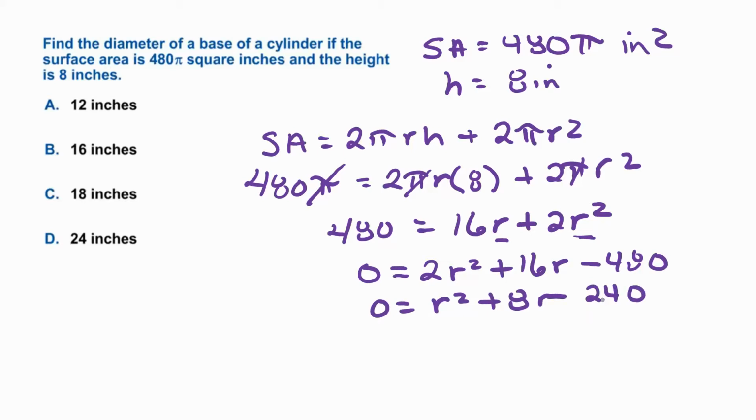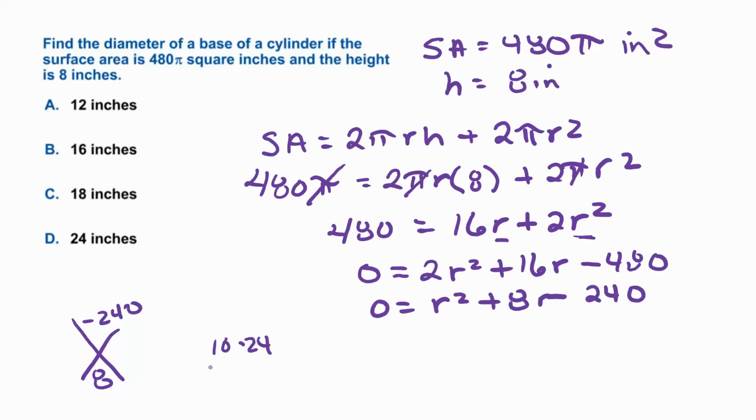I will need to find the factors of negative 240 that add up to be 8, or are 8 apart. I can start with thinking about 10 times 24. If I subtract these two, I'm going to have 14, which is not 8.